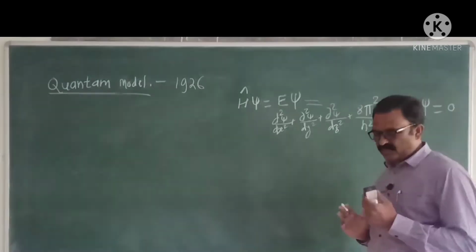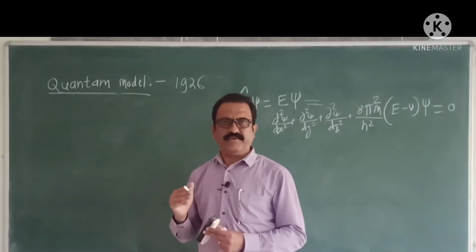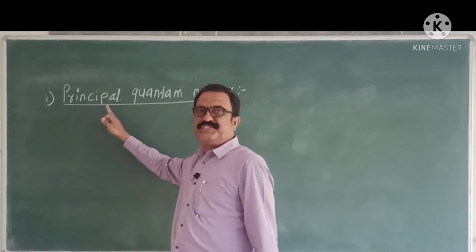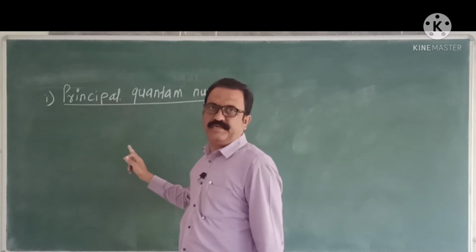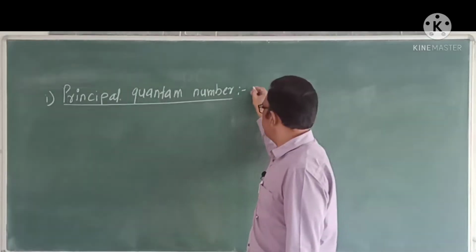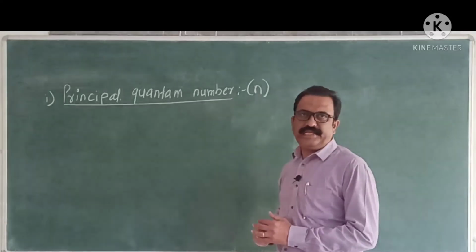Let us discuss the quantum numbers one by one. The first quantum number is the principal quantum number. This principal quantum number is represented or denoted by a small n.